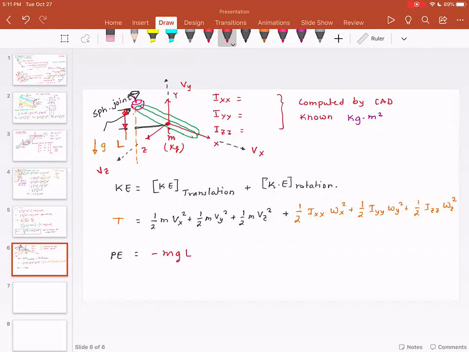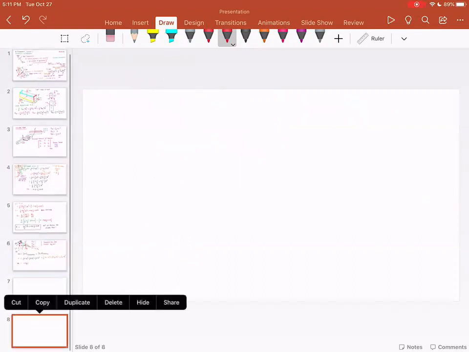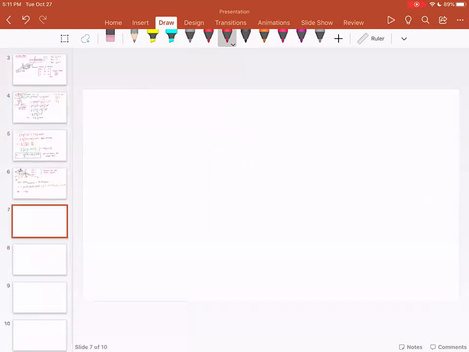What I'm going to do is set up the problem and find the kinetic energy and potential energy for one or two problems. In the next class, we will see how we can solve this problem using MATLAB.